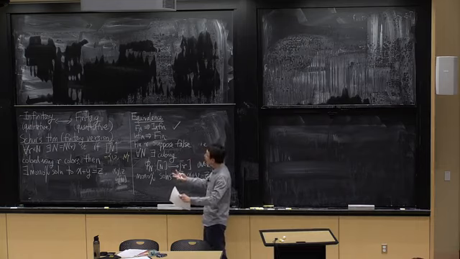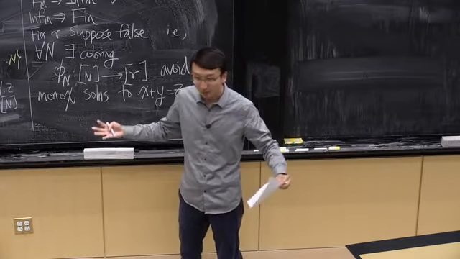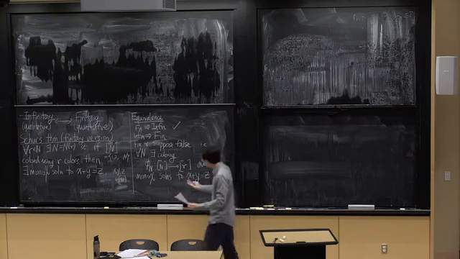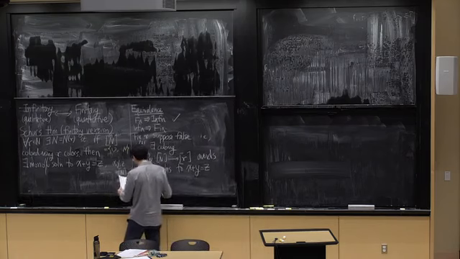a coloring of the positive integers. You can do this basically by a standard diagonalization trick.